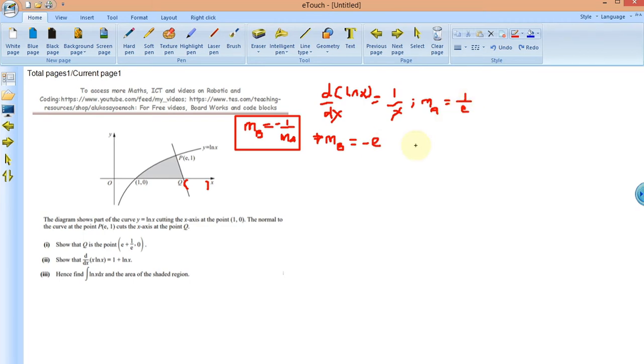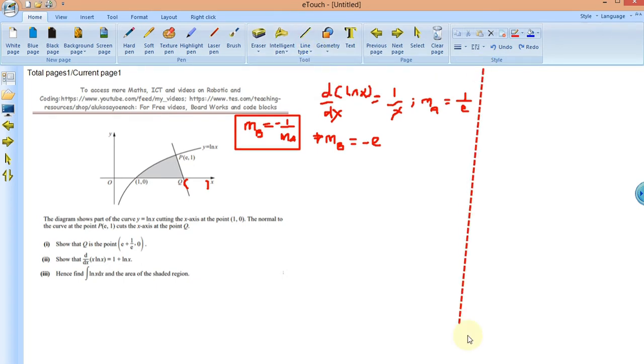Okay, at this point let's find the equation of this line. The equation of the line will be y minus y1. I need to demarcate the board so I manage it very well.